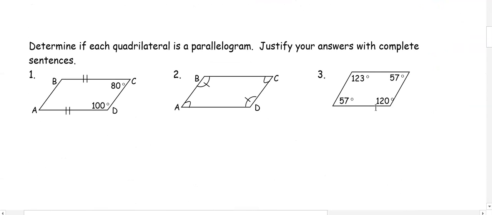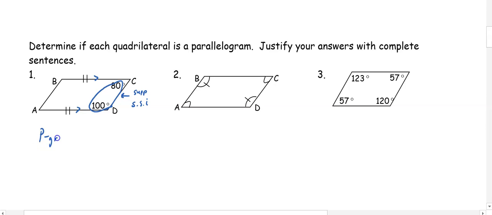So in number 1 right now, we have that BC is congruent to AD. We also have these angles that are supplementary. So because those angles are supplementary and they are same side interior angles, that would also make these lines parallel. So we have a set of opposite sides that is both parallel and congruent.